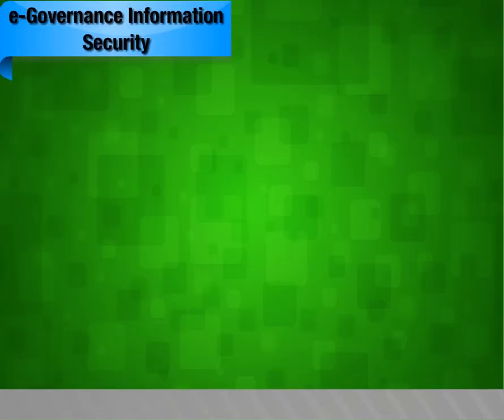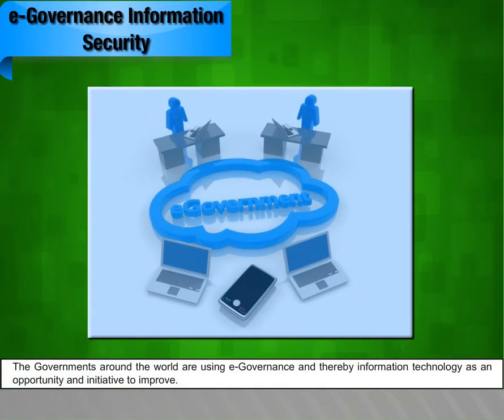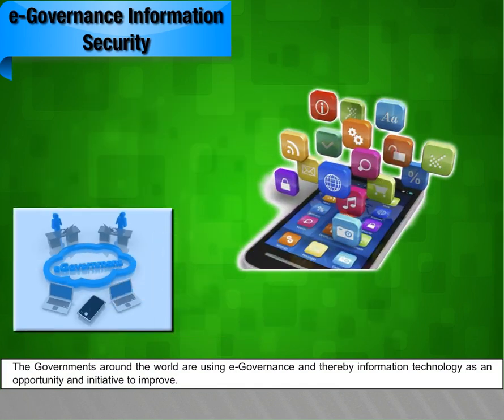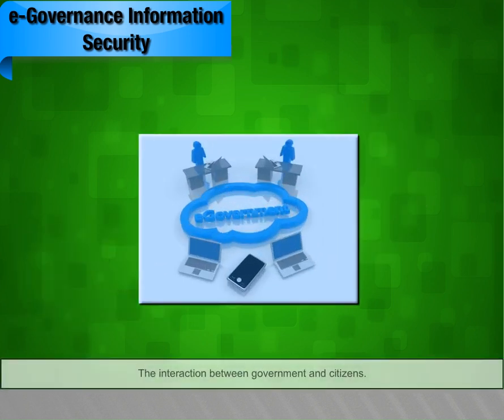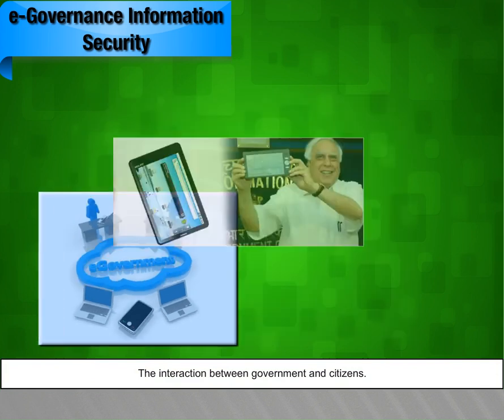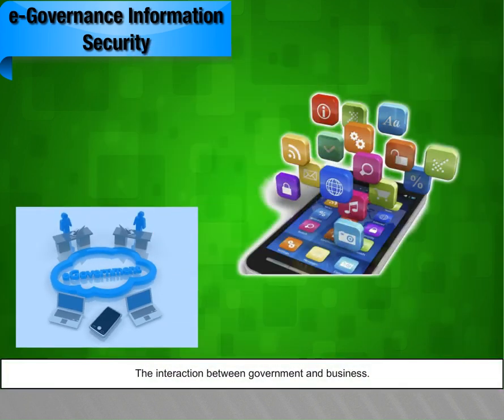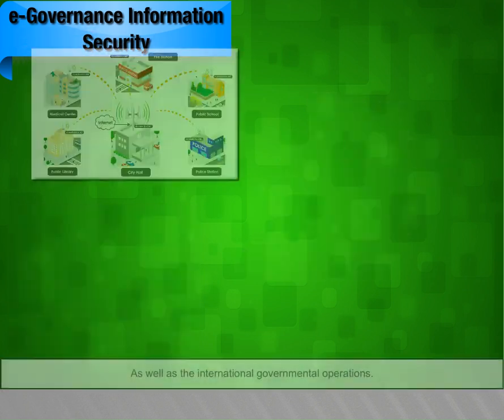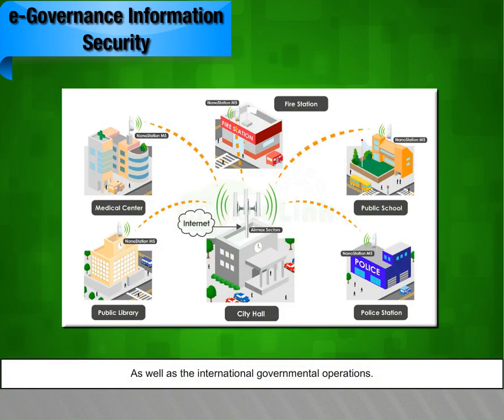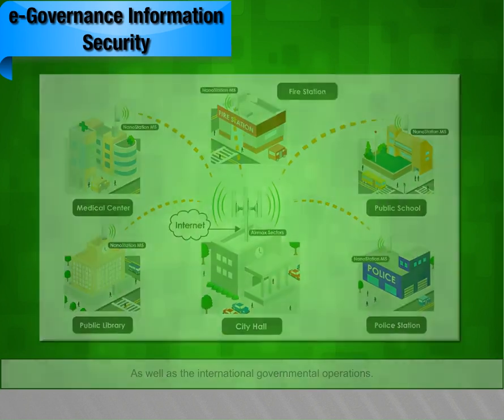E-governance information security. The governments around the world are using e-governance and thereby information technology as an opportunity and initiative to improve the interaction between government and citizens, the interaction between government and business, as well as the international governmental operations.